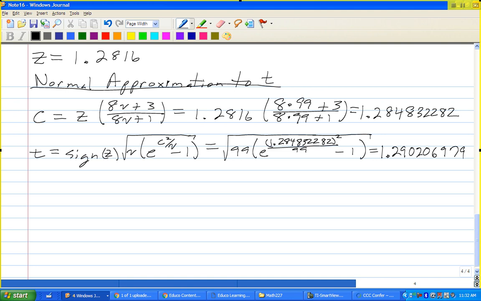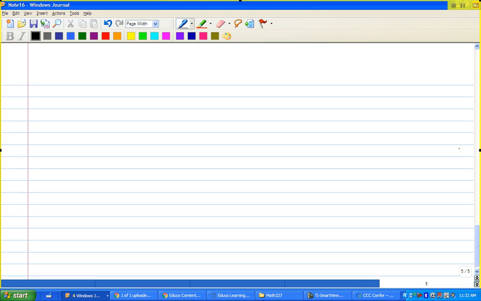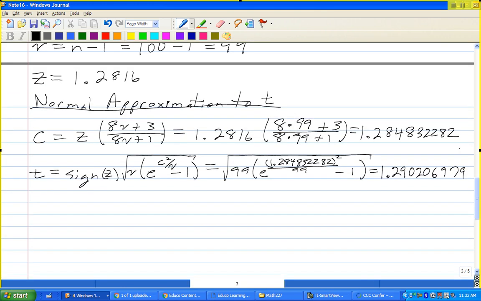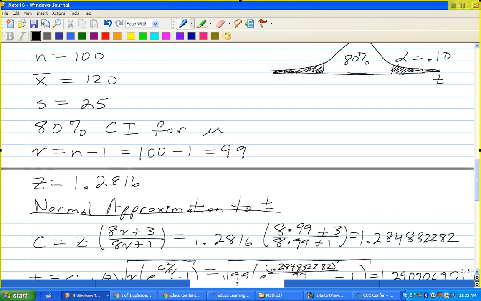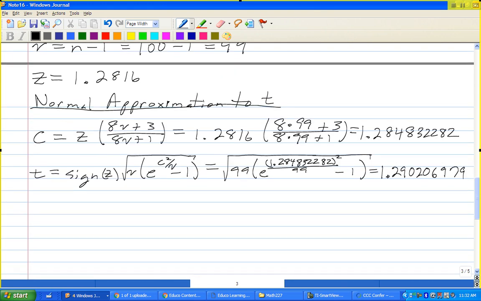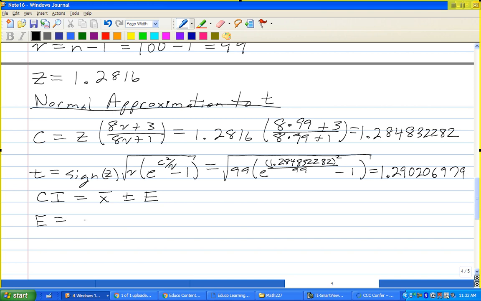And so my confidence interval has the form sample mean plus or minus my error. I know what the sample mean is. The error is going to be the t critical value times the standard deviation for the sampling distribution of all possible sample means, which is sigma over the square root of n.